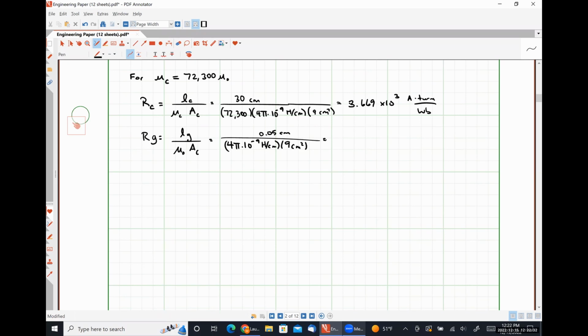And we get 4.421 times 10 to the 5 amp turns per Weber.